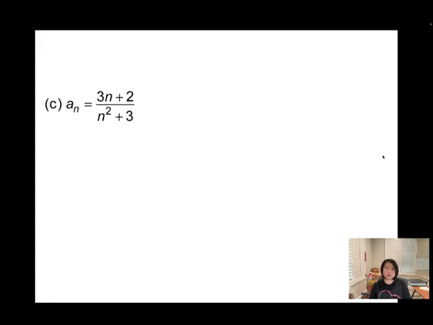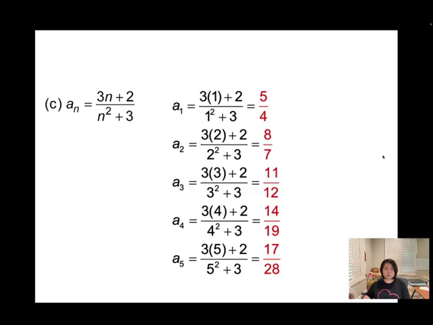Okay, this one. Find out the first 5 terms. Okay, check your work.